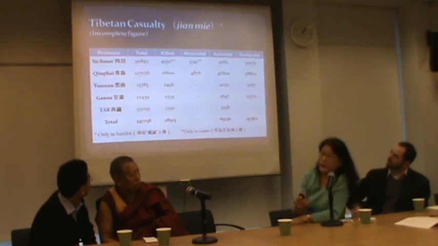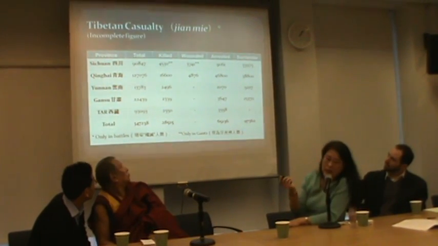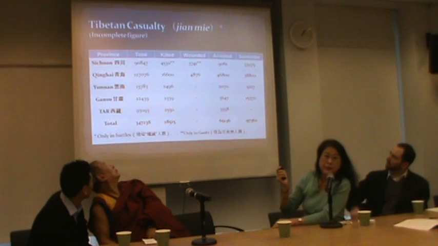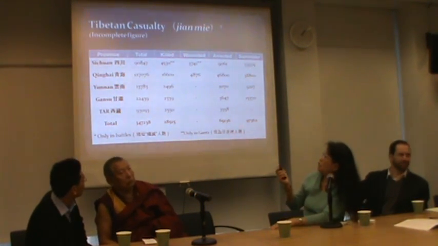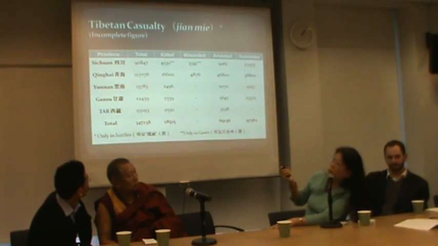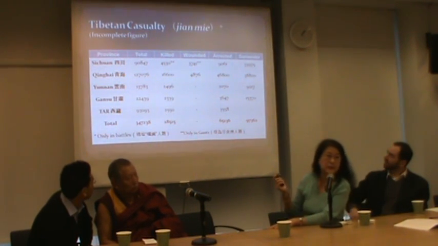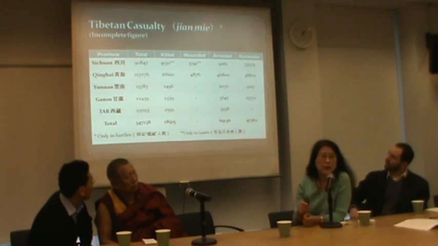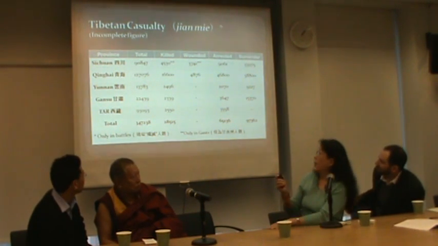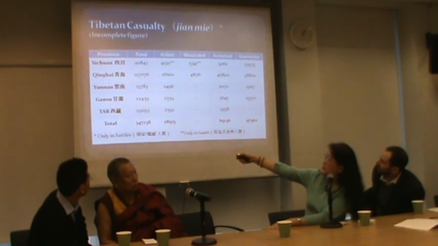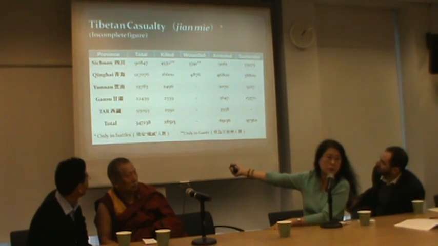Okay, the casualties. I have to explain the word 歼灭. 歼灭 in Chinese doesn't mean all killed. It means killed, surrendered, wounded, and arrested. Basically it means to demobilize you, so you cannot fight anymore. Also, this is compiled from military sources.